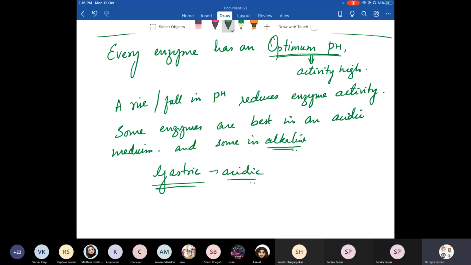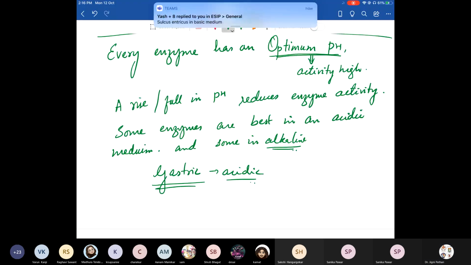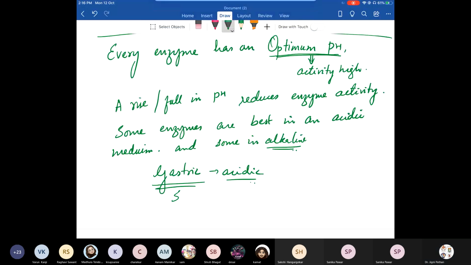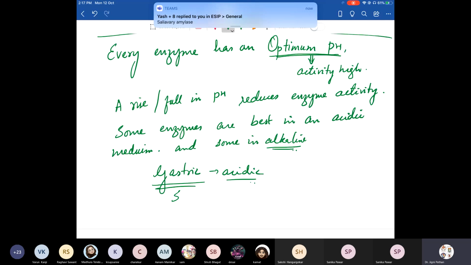Succus entericus, very good, Yash. Succus entericus, basic. Pancreatic, very good. The first enzyme, the start of digestion, happens from where? Very good. It's salivary amylase, right?